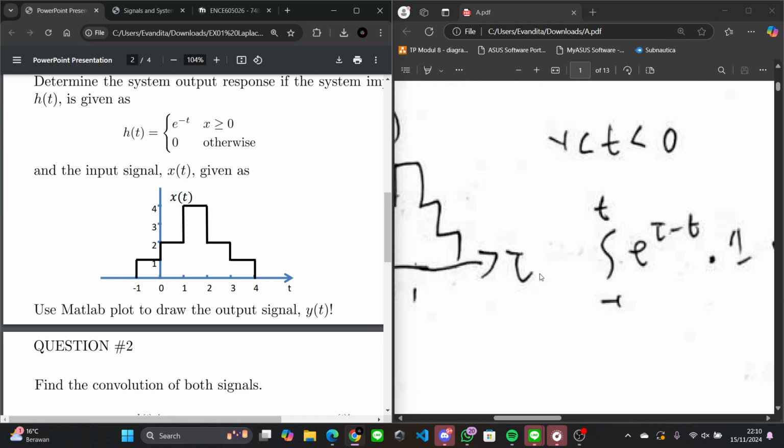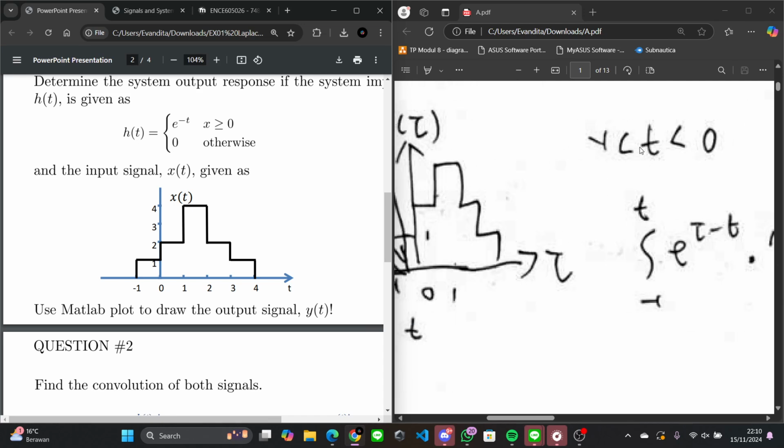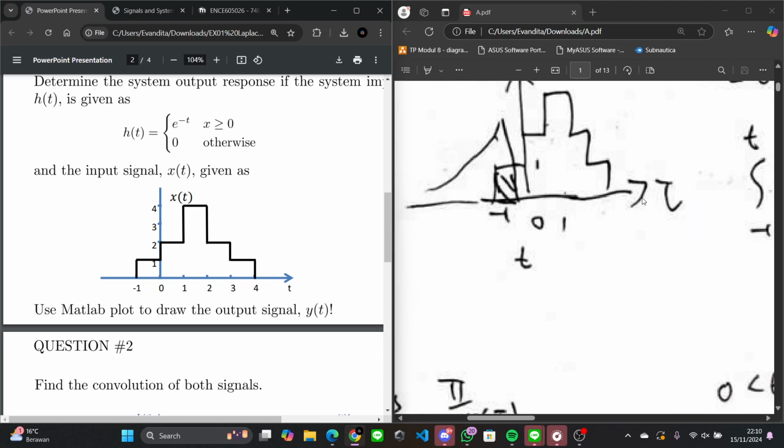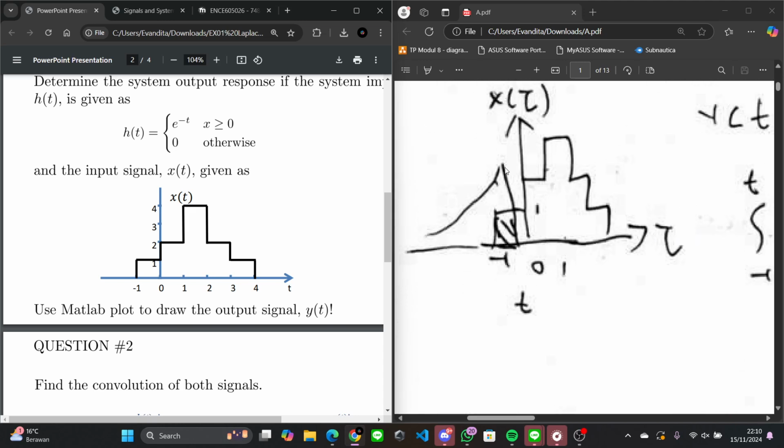This happens during t minus 1 until 0. This point is y equals 1. And when it starts to collide with the system, we can compute the summation by using an integral.